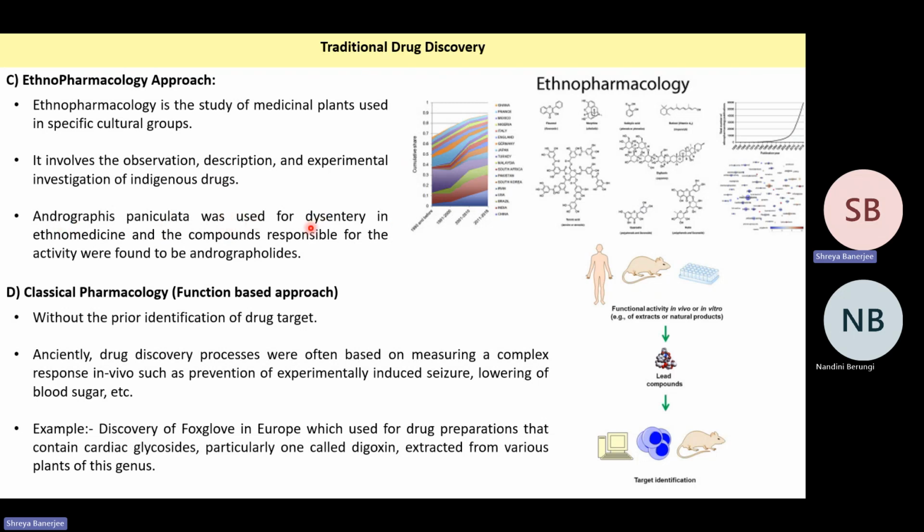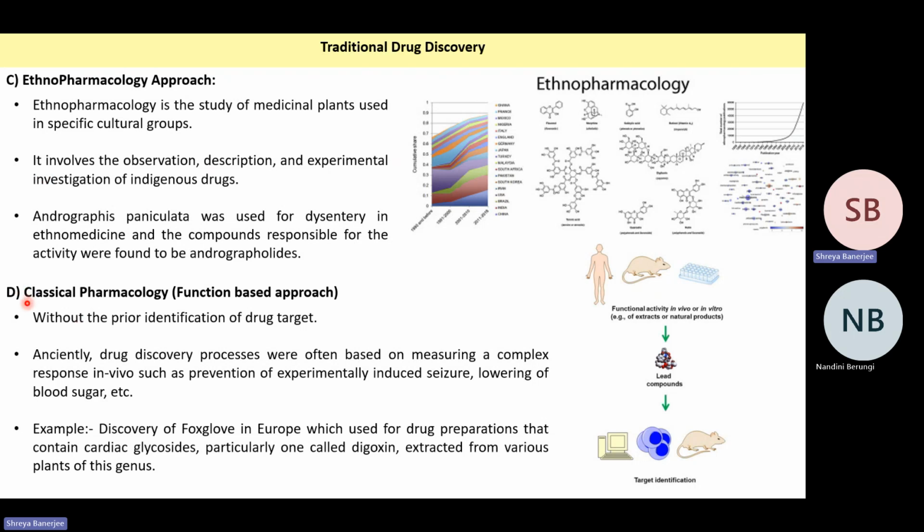It was used for dysentery in ethnomedicine. So traditionally, tribal people used to use this as medicine to treat dysentery. From this plant, compounds have been isolated and it has been found which particular compound in this plant is responsible for the anti-dysentery activity. So the ethnopharmacological approach involves observing native tribal people and seeing which plants they use to treat different diseases and isolating the drug from those medicinal plants.